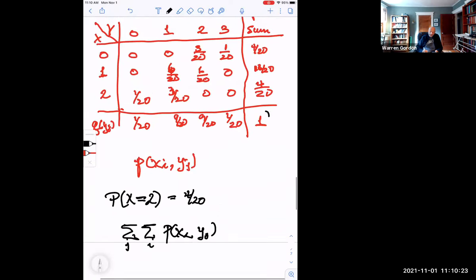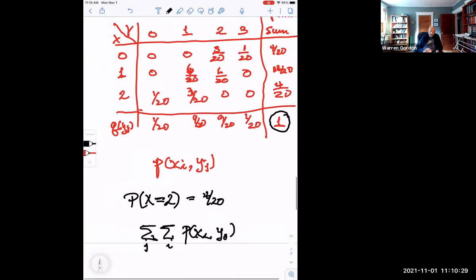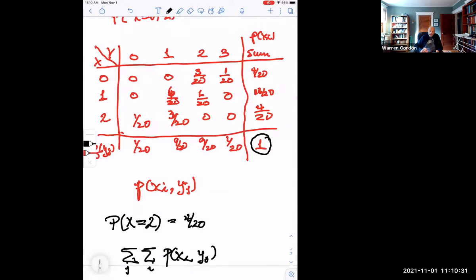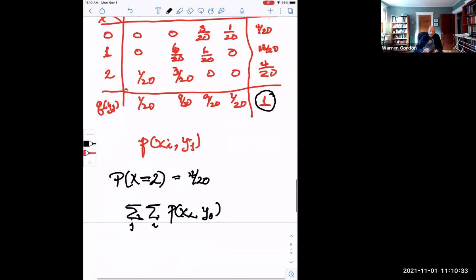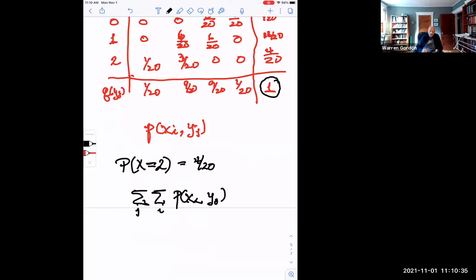What must you get? 1. So the sum of all the interior numbers must always give us 1. The row sum, notice the last row, is the sum of all the probabilities that Y is equal to Y sub j.